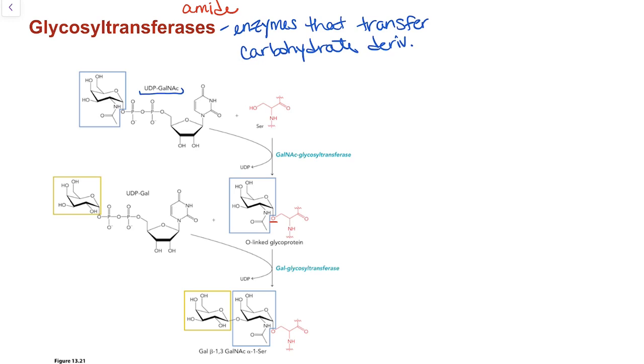We'll be talking later about how these are linked, but right here you'll see that it's being transferred onto the side chain of a serine residue, and it's showing that below as well, that we can link through serine. Serine is a common linker, again, providing the oxygen from its side chain to make these connections between the enzyme or the protein to the portion that is a carbohydrate.